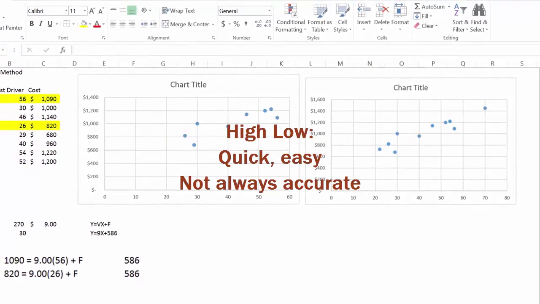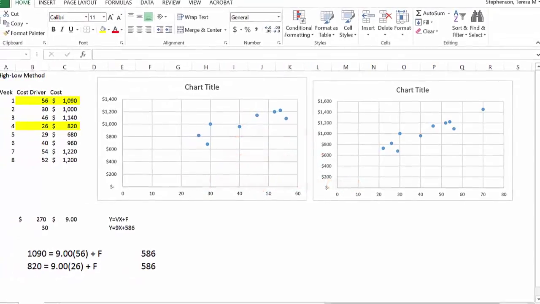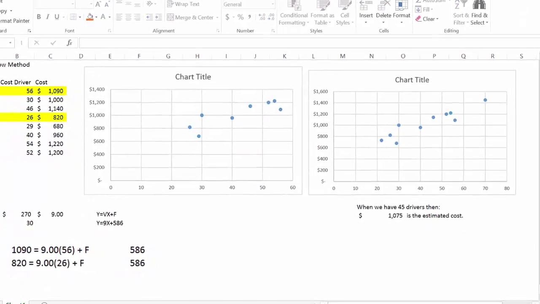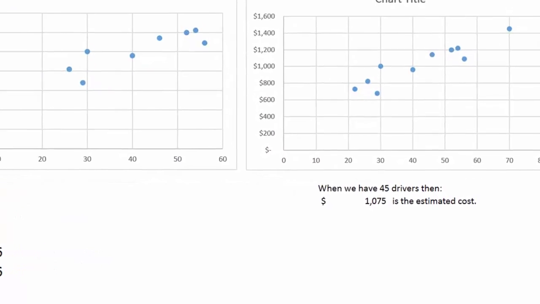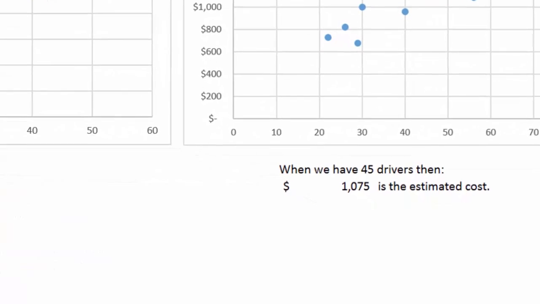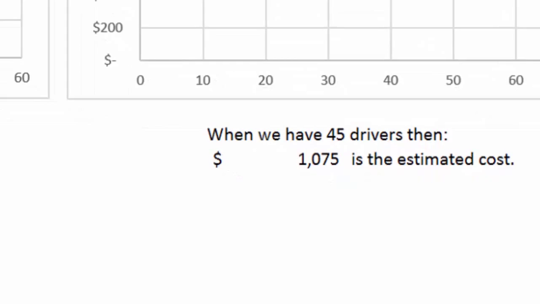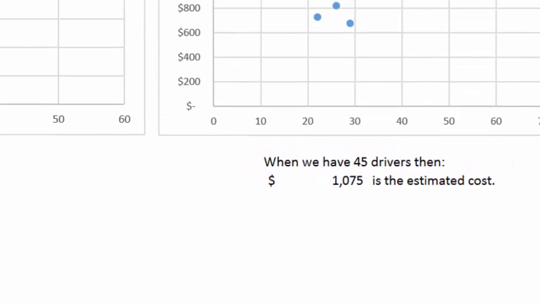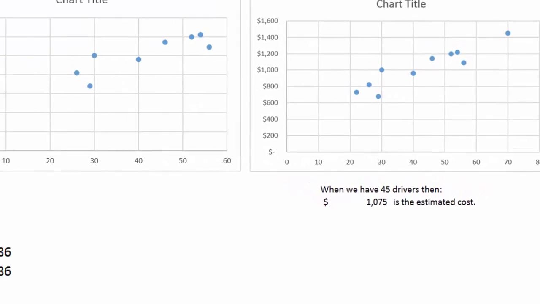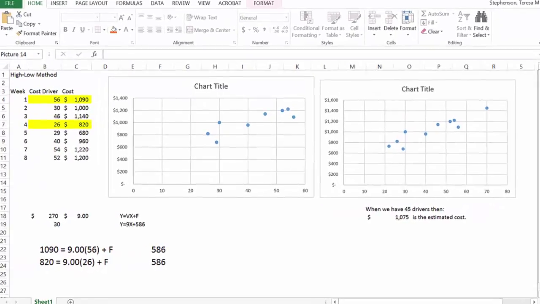Let's compare our point predictions. Do you remember what our old point prediction was? With all of our data, remember that we said when we have 45 drivers, then 1,075 is the estimated cost. Well, let's see what happens when we have 45 drivers under the new method.